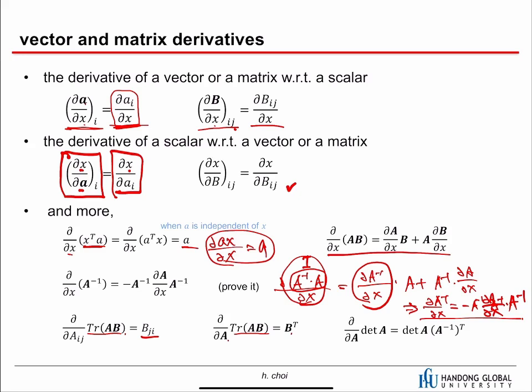Also, when we take a derivative of the determinant of A, the result is determinant of A times A inverse transpose. Okay, this is pretty much all we need, actually this is a little more than we need.